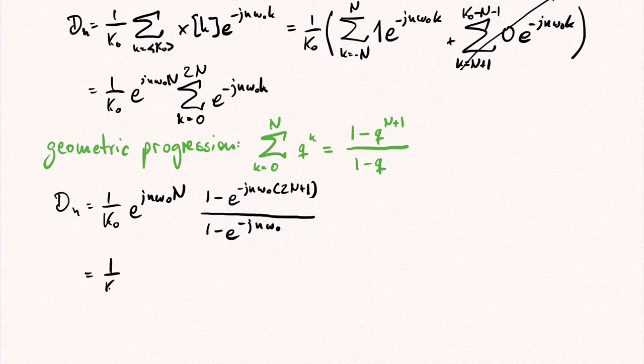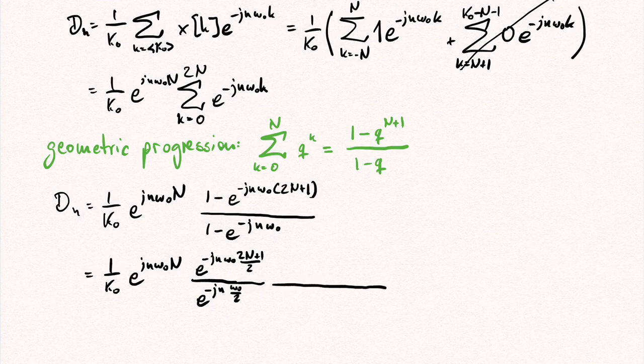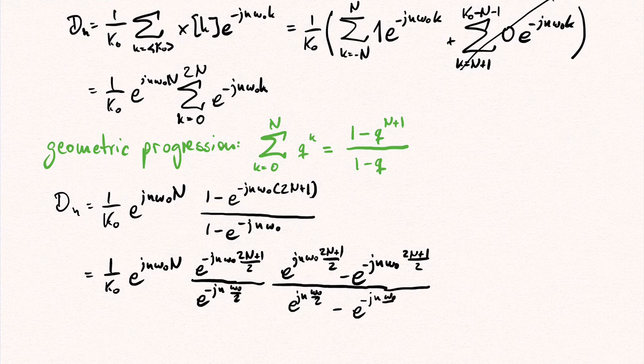This is equal to 1 divided by K0 times e to the power of j n omega 0 capital N times e to the power of minus j n omega 0 to capital N plus 1 over 2 divided by e to the power of minus j n omega 0 half times e to the power of plus j n omega 0 to capital N plus 1 half minus e to the power of minus j n omega 0 to capital N plus 1 half divided by e to the power of j n omega 0 half minus e to the power of minus j n omega 0 half.